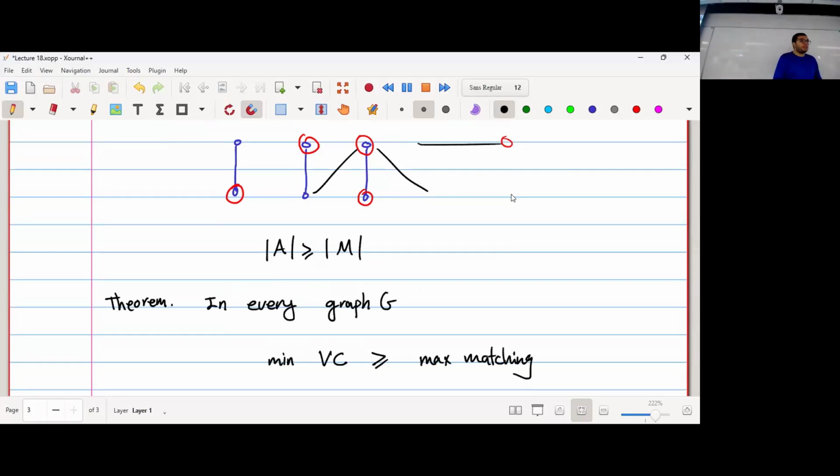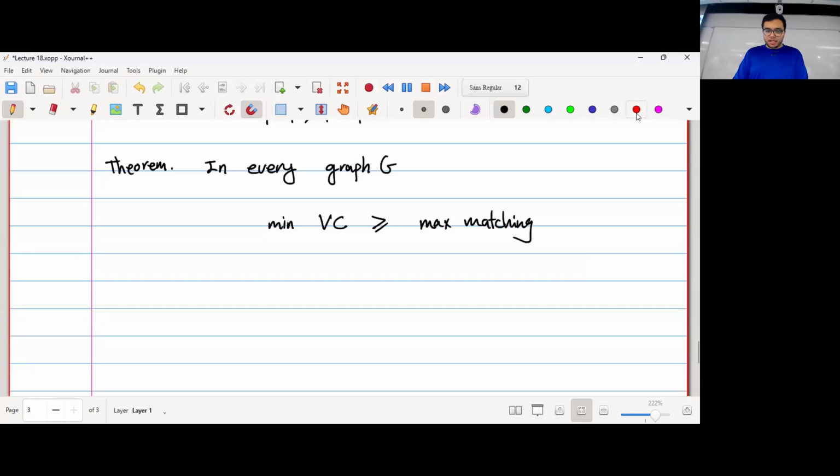Great. But will they actually be equal? Let's do some examples and see what we can get. Suppose, for example, I look at this cycle. What is the size of the minimum vertex cover?